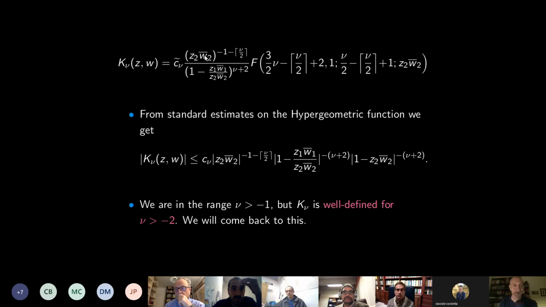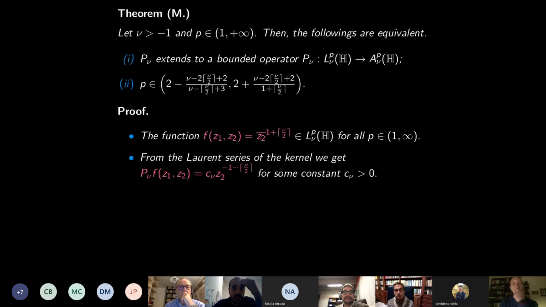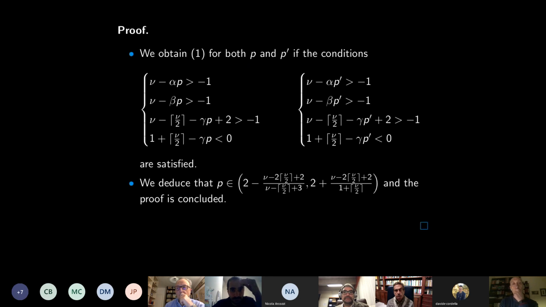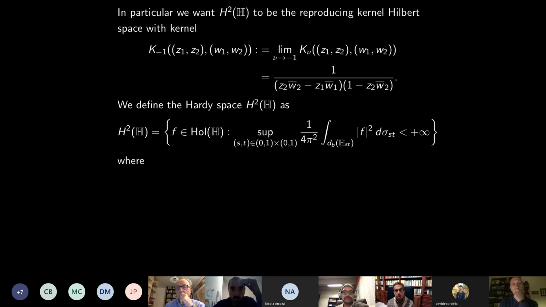Whereas when you consider nu equals -1, you lose a factor at the origin somehow. The things cancel out and you have more regularity. So at least this is an indication, of course, from the computation, of why things go better.